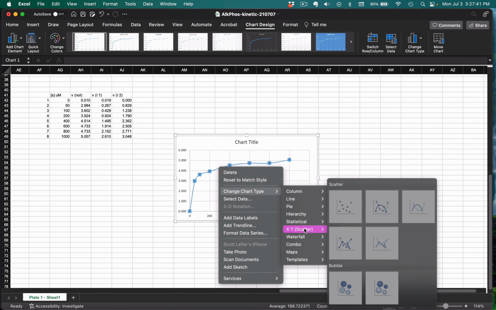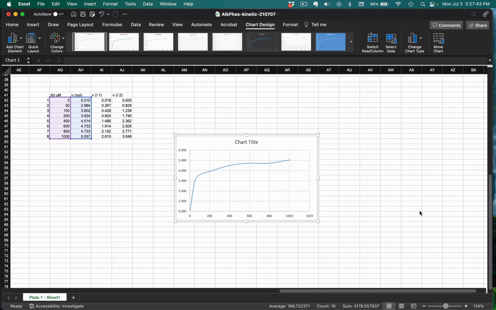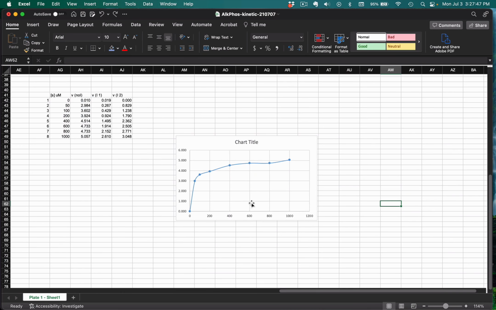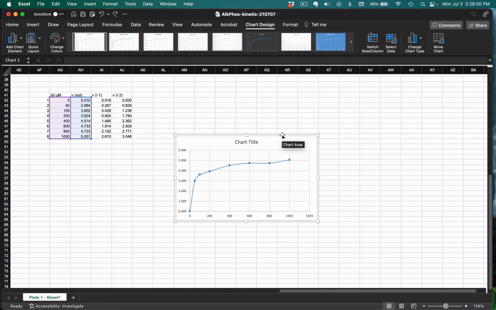The alternative is you can just leave the points there, and if you want to hand sketch it, I'm not going to go into how to fit a curve to this. The main thing is just to get a straight velocity versus substrate plot from that to look somewhat decent.